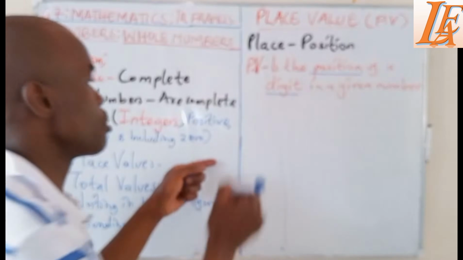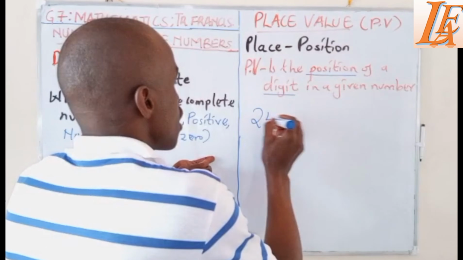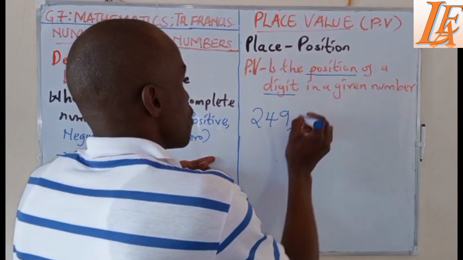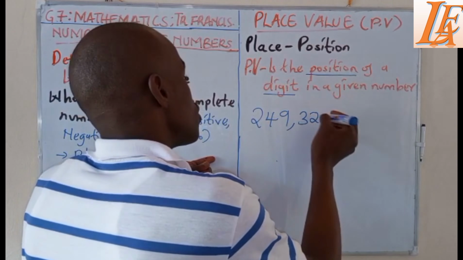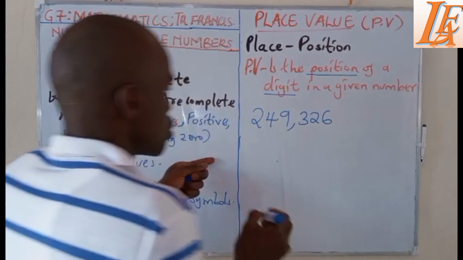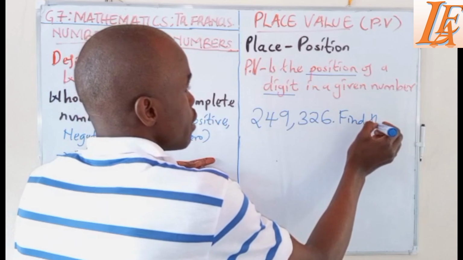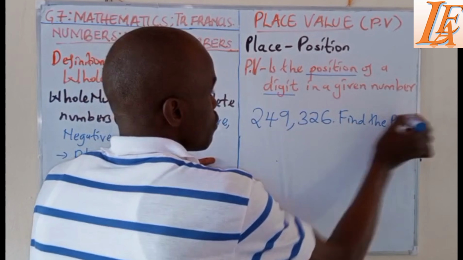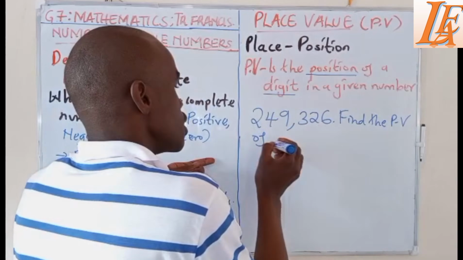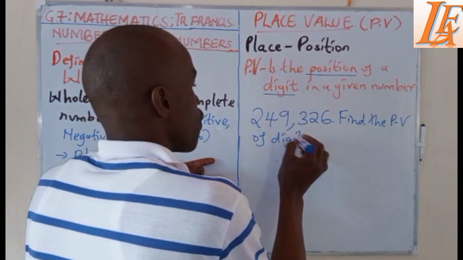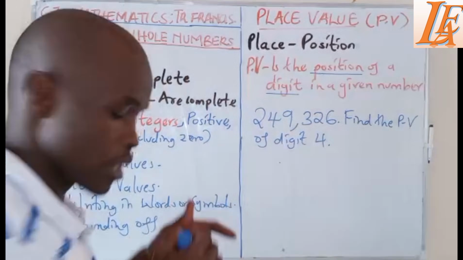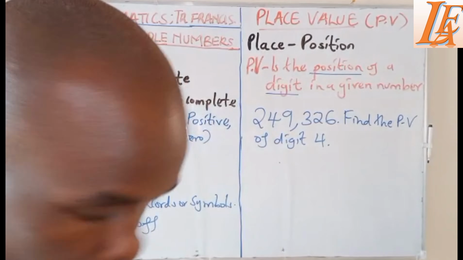For example, you may be given 249,326. You may be told to find the place value, PV, of digit 4. Find the place value of digit 4.